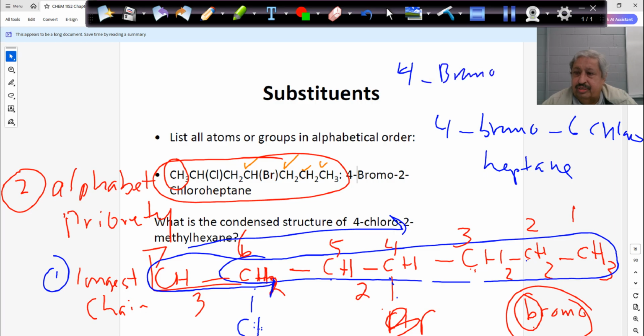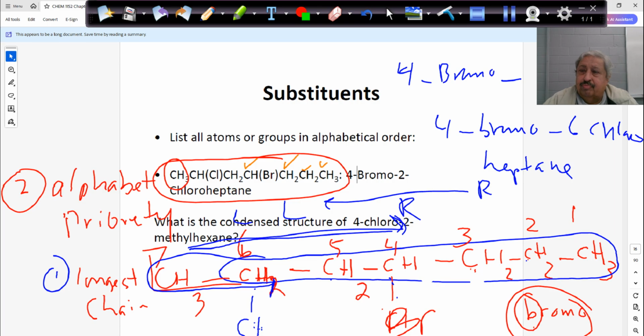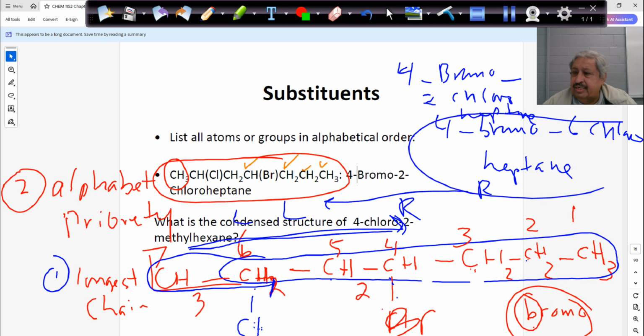We have to look into this. This is a very good example. 4-bromo, and then we have 2-chloro heptane. You can do the numbering from left to right, or from right to left. Now which one is correct? Is it this or is it this?